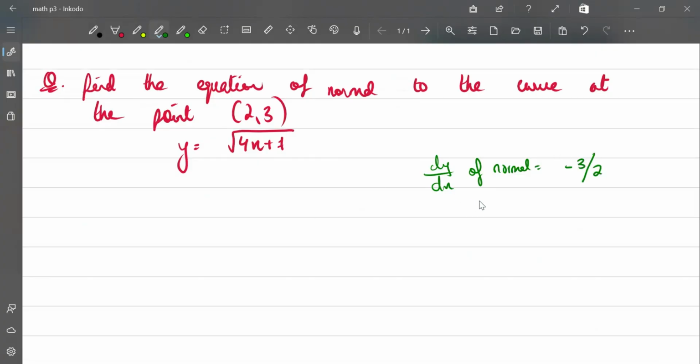All right, we have the gradient of normal and we have the point 2 comma 3. Now just simply form the equation. y minus y1 is equal to m into x minus x1.